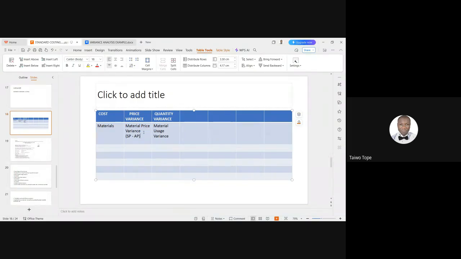So when we talk about variance, you are looking at standard and actual. You should have that with you. When we hear material price variance, you should refer to the standard price of the material compared with the actual price of the material, weighted by the actual quantity purchased.